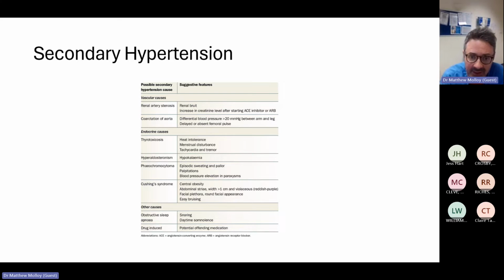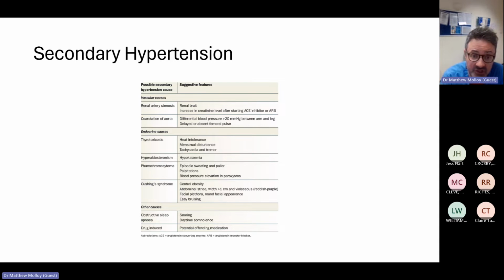Certainly if they've got heat intolerance, if there's been any period disorders, if they're tachycardic and have a tremor. Conn syndrome, so hyperaldosteronism is a very common one, and that can sometimes present with a high potassium that you can check for in the U&Es, which is again a common workup blood test that might give a clue.